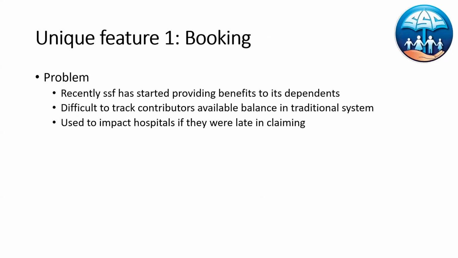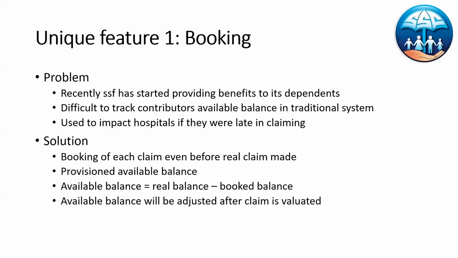So we have faced some mischievous activity from the hospitals: if the contributor has left some balance at the end of the fiscal year or at any period of time, then hospitals have claimed old claims, pushing the old claim on behalf of the contributor, which was not a real claim.